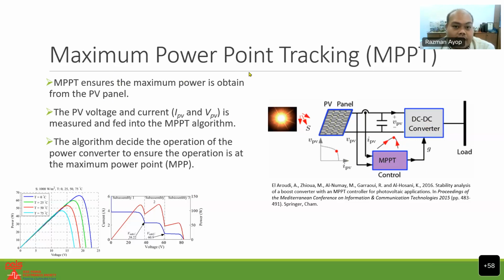That is the function of MPPT, maximum power point tracking. It tries to obtain the maximum power point, MPP, or in the partial shading case, the global maximum power point, basically the highest peak.